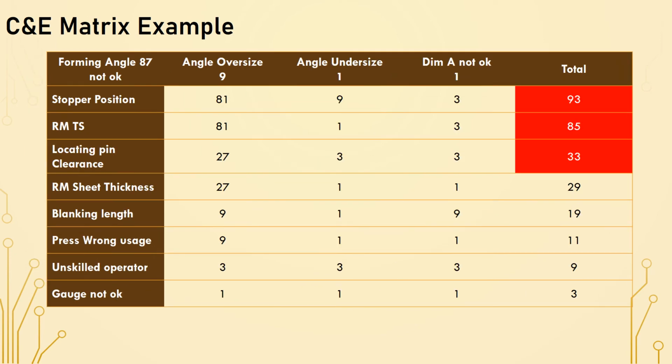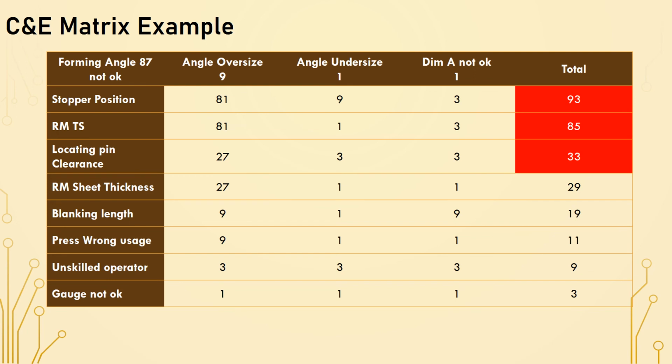What we do is multiply the correlation number by the importance, that is, the weightage given for a Y in the project. For example, 9 was the correlation of stopper position with angle oversize, and the importance given to angle oversize for the project goal is 9. So 9 multiplied by 9 gives an output of 81. In the same way, each correlation is multiplied by the weightage of the Y, and those values are added to give a sum.